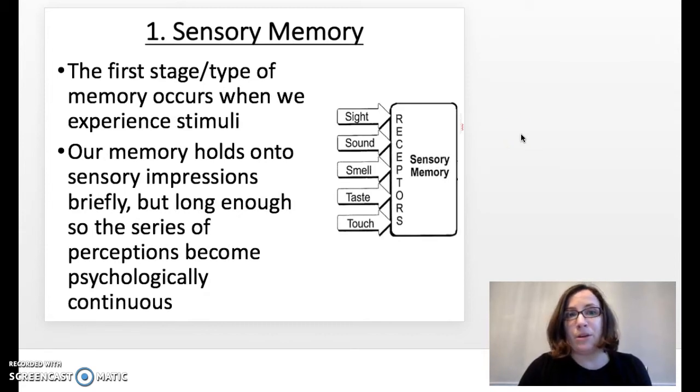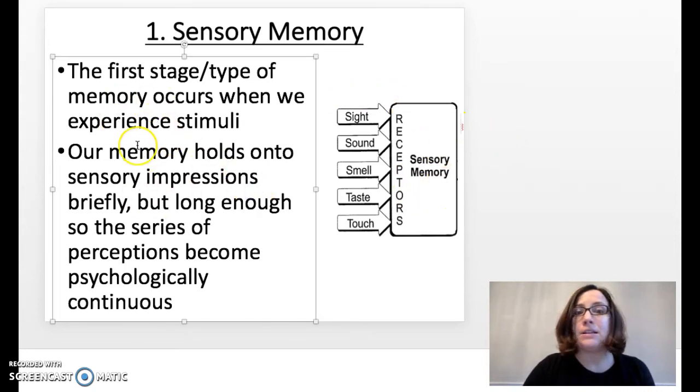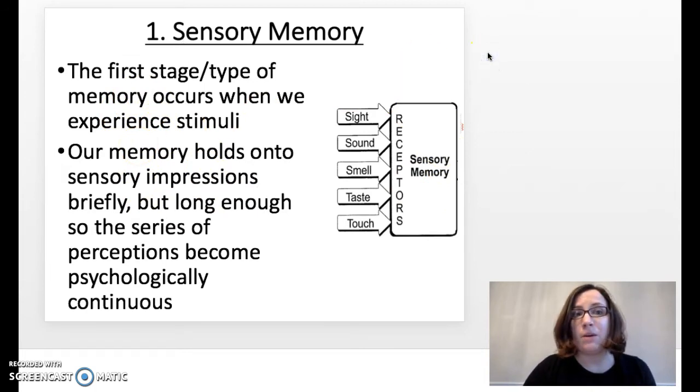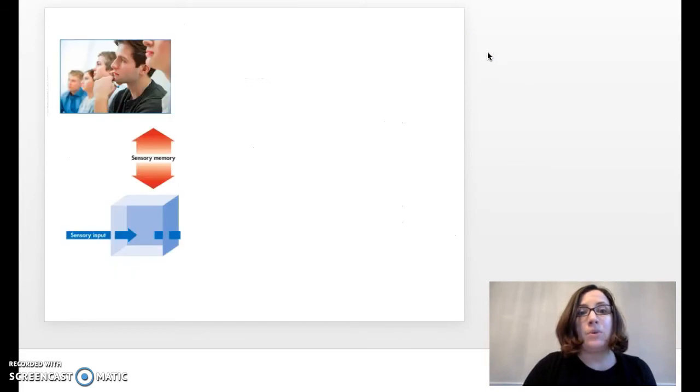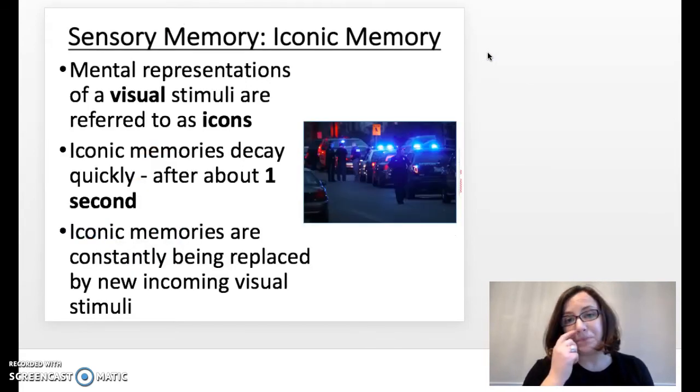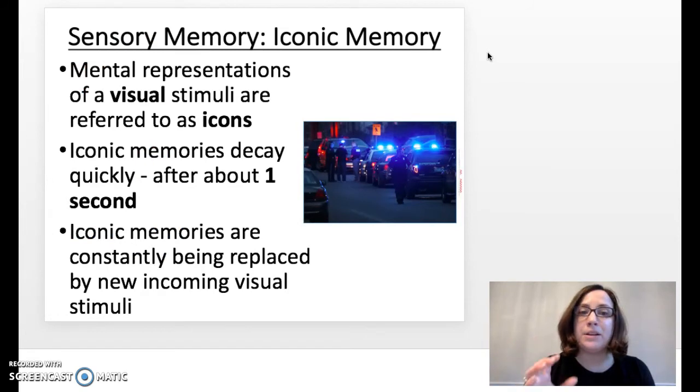So our sensory memory is, of course, those sensory experiences that we have in any given moment. This is how we go to remember something, and it's basically just when we're having a sensory experience. It could be that we're hearing something or seeing something. And of course, what happens is that our brains are able to hold on to that very quick piece of information.